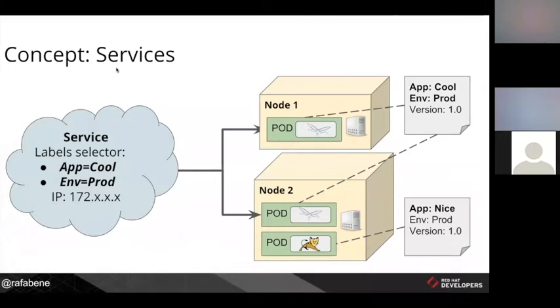A service is just like a load balancer that uses labels as a selector. So for example, we have here 3 containers, and I create a service for my application cool that's running on production. So I create a service that will give me a fixed IP address, and it will send the request only to these nodes. My application ICE will not receive any request because it's not part of that selector. Okay, this has a different label.